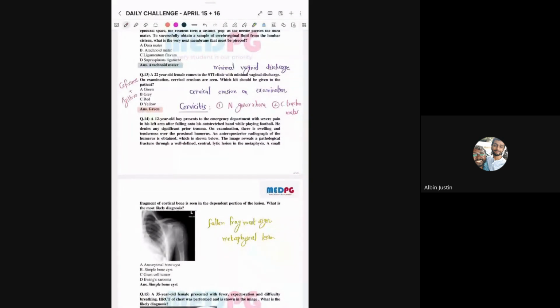So I think in 2023 NEET PG, they had a number of questions from this syndromic management of vaginal discharge. So very important.